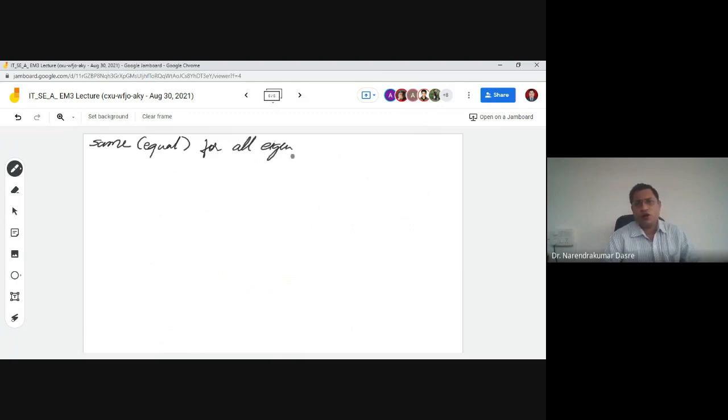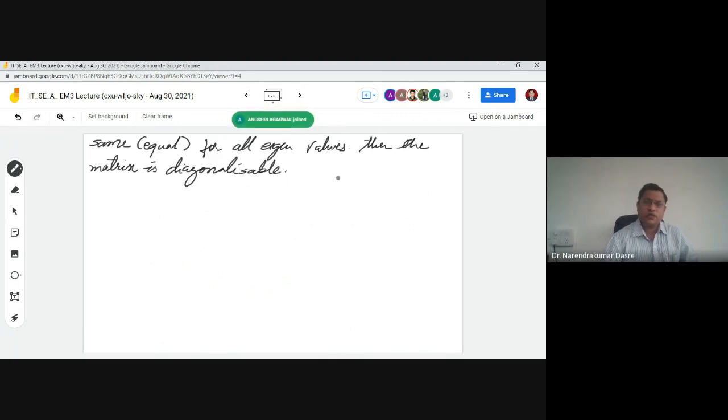This should be true for all eigenvalues. Then only we can say the matrix is diagonalizable. Okay, then we say the matrix is diagonalizable.